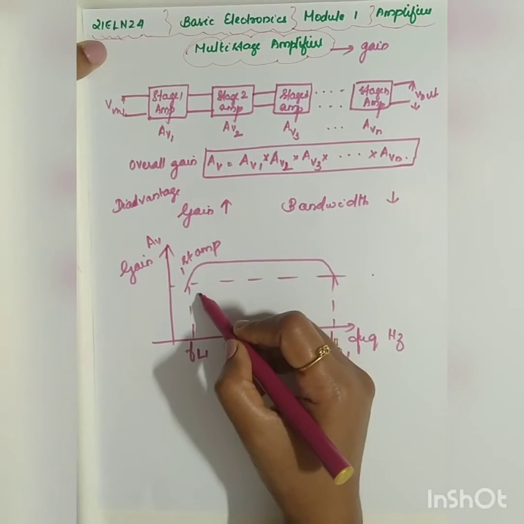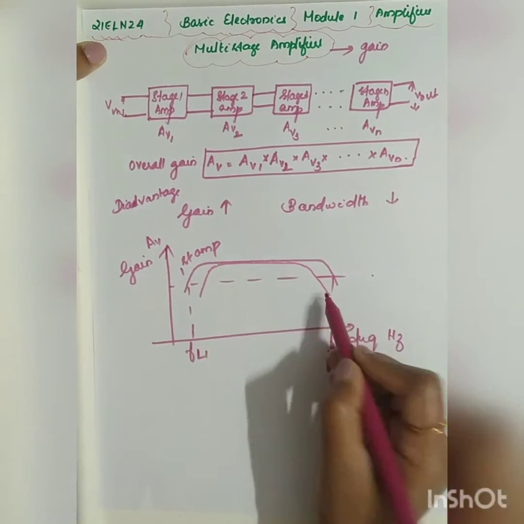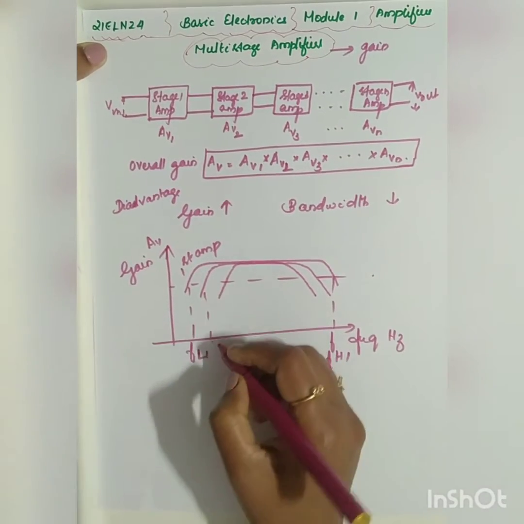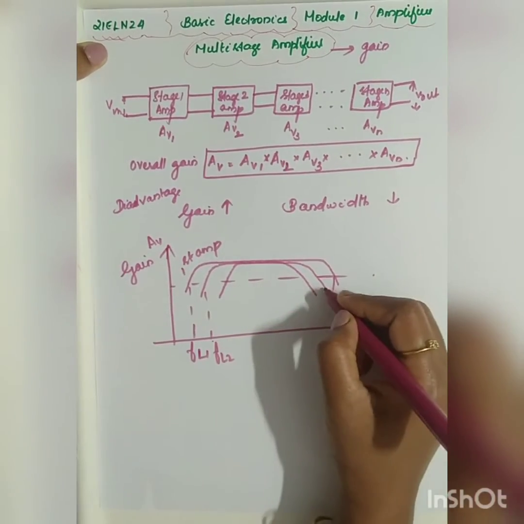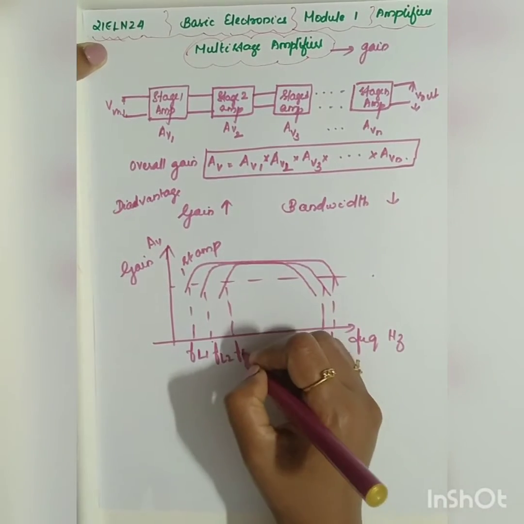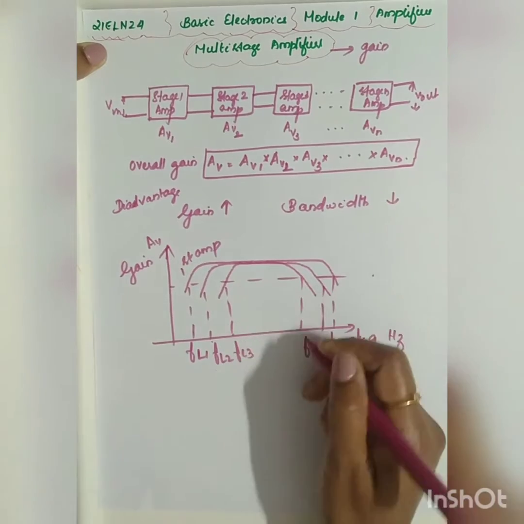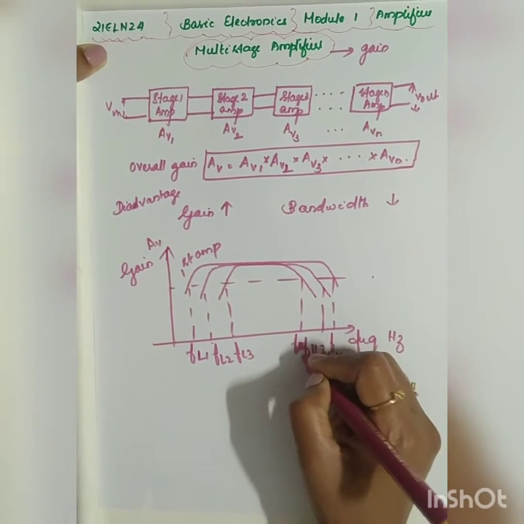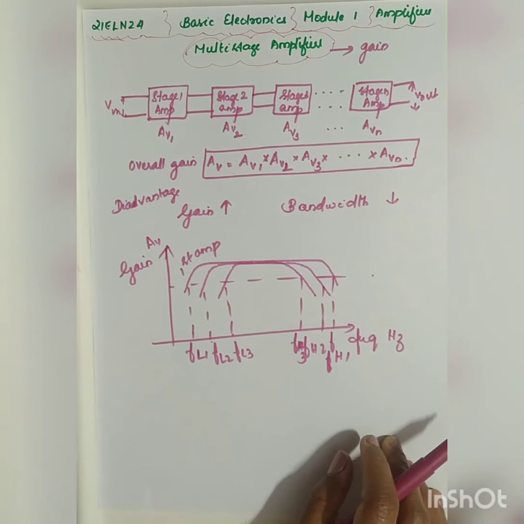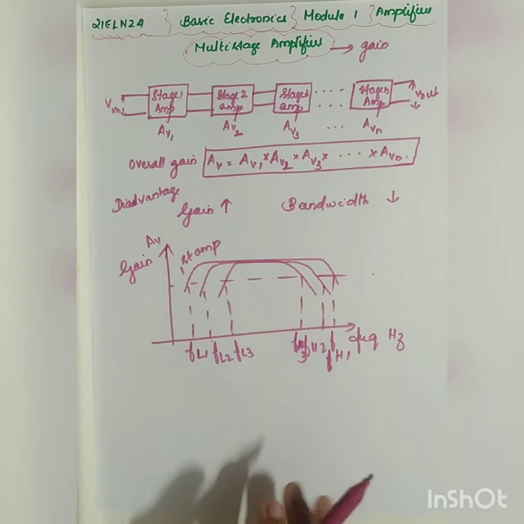Now as we increase the stages, the bandwidth keeps on decreasing. So this will be your FL2 and FH2. Similarly, for the third stage it will be FL3 and FH3. So as your gain increases, the bandwidth decreases. This is one of the disadvantages of the multi-stage amplifier.